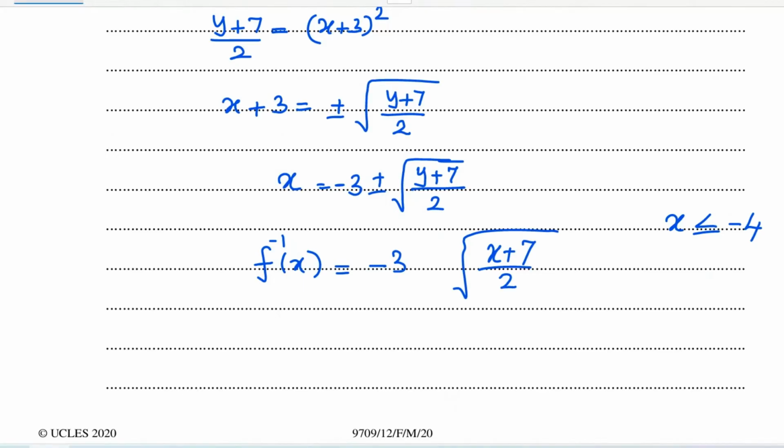And x should be less than or equal to -4. So when you substitute the positive sign, -3 plus square root of 1.5, you will get a value which is greater than -4.